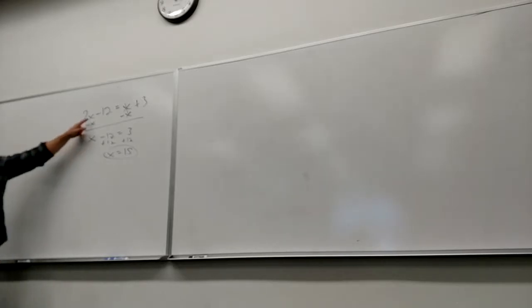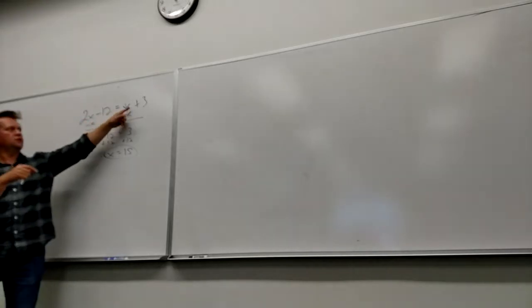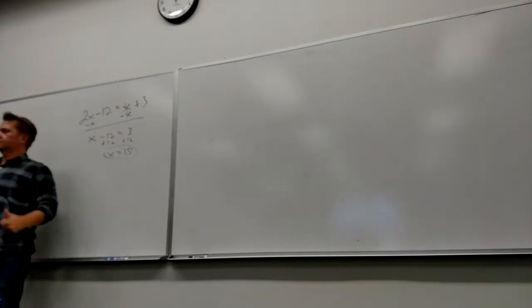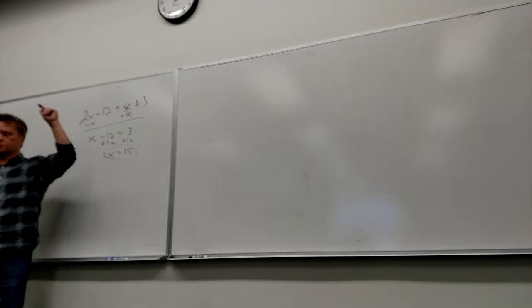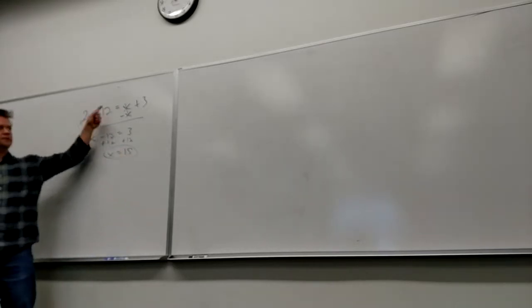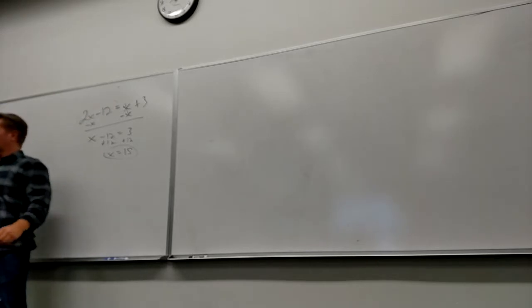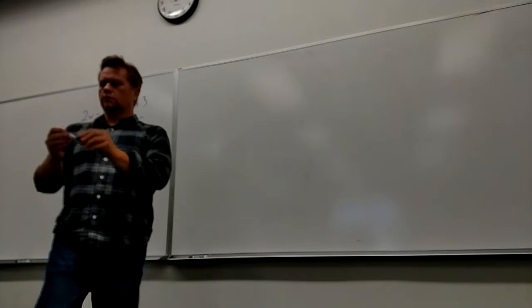What's twice 15? 30 minus 12, 18. And what's 15 plus 3? 18. Check. That's the one number that makes this statement true. That's what it means to solve an equation: to find the value that makes this statement true. Okay? Cool?